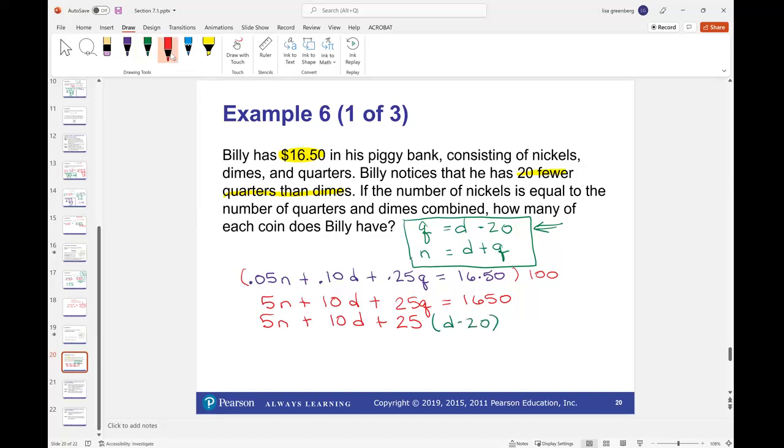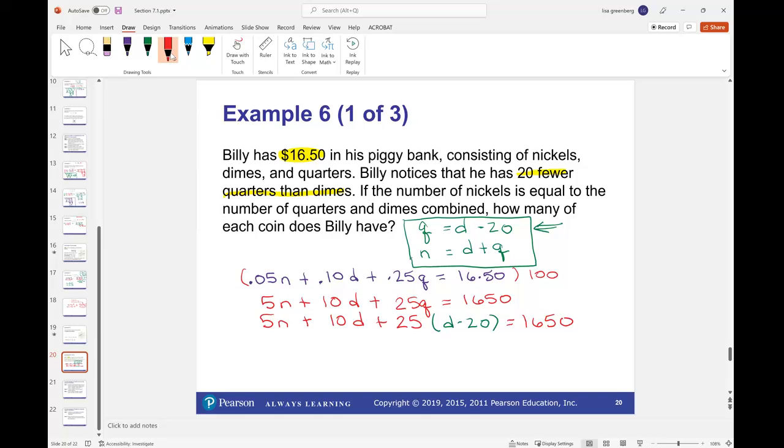And I say that's equal to 1650. Okay, so hopefully that makes sense. Now, if we can somehow get nickels into just dimes, then we're in pretty good shape, right?